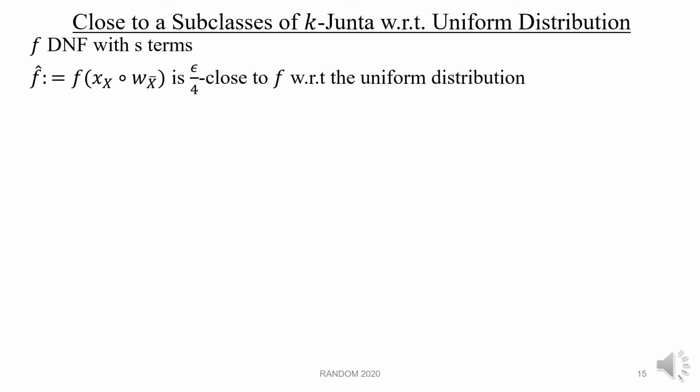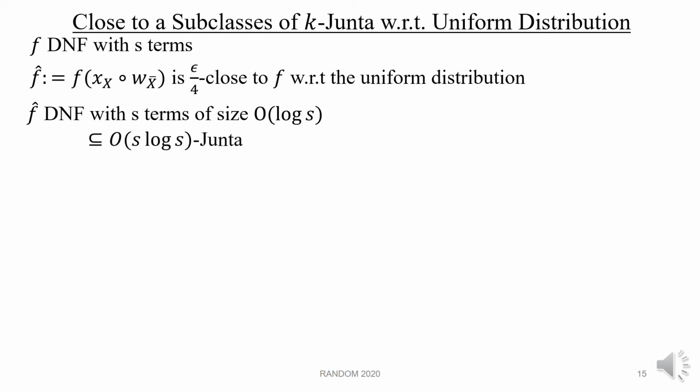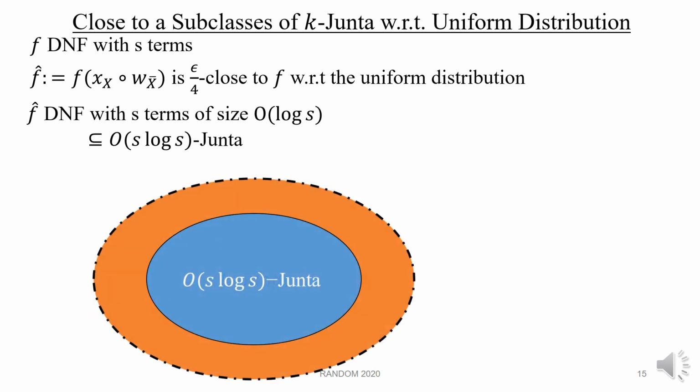We find enough relevant sets such that this time H, F hat, is epsilon over 4 close to F. F hat is a DNF with at most S terms and contains only the influential terms, that is terms of size at most order log S. So now we have a function that depends on order S log S variables, which is a subset of order S log S junta. Order S log S is independent of N.